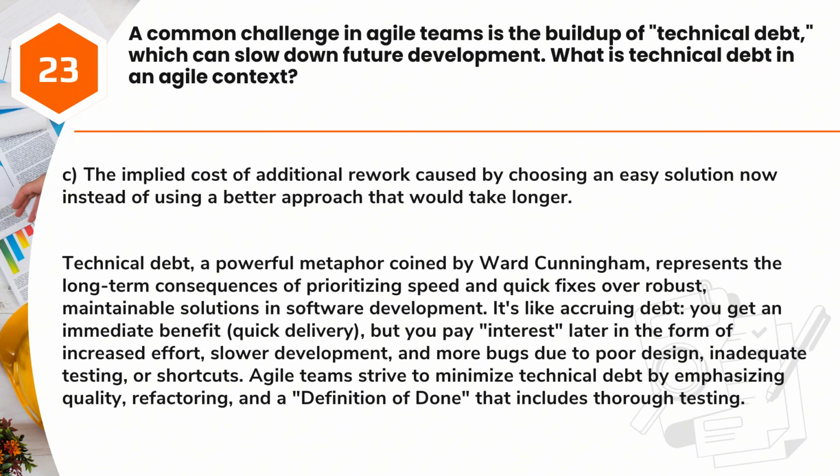It's like accruing debt. You get an immediate benefit, quick delivery, but you pay interest later in the form of increased effort, slower development, and more bugs due to poor design, inadequate testing, or shortcuts. Agile teams strive to minimize technical debt by emphasizing quality, refactoring, and a definition of done that includes thorough testing.